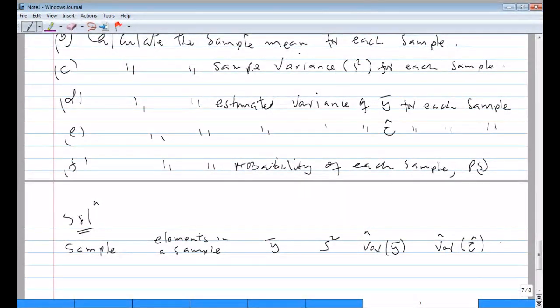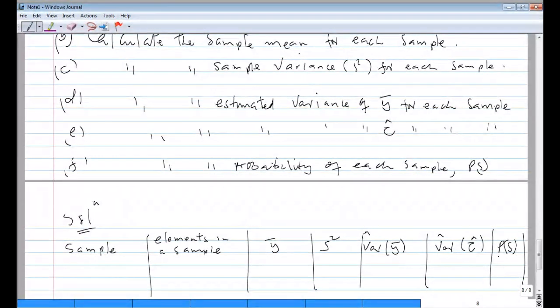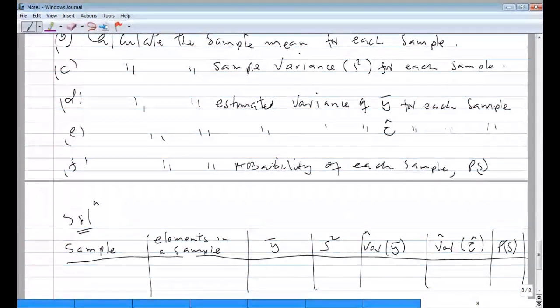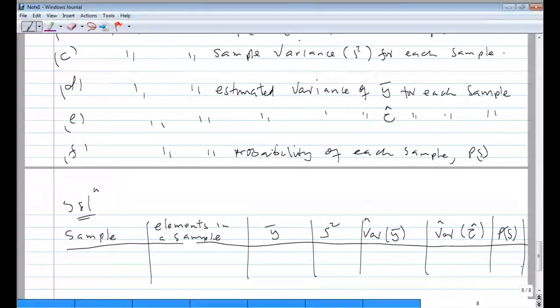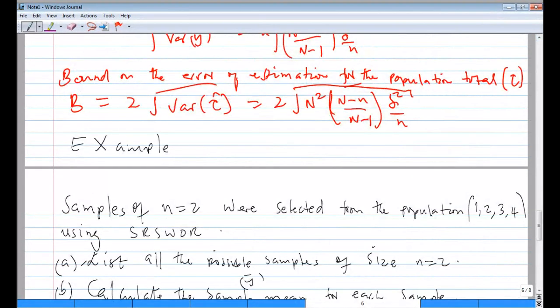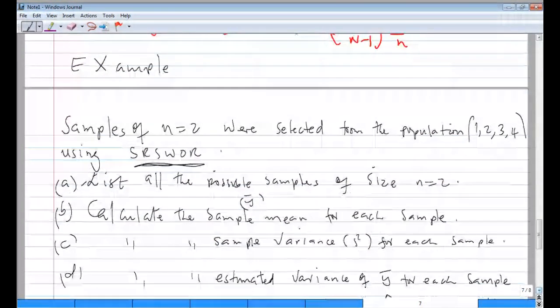So here you're going to have P of S. How many columns? 1, 2, 3, 4, 5, 6, 7. You know how to find the number of ways of selecting the sample, isn't it? Because here it is a simple random sample without replacement. After finding the number of ways, you will tell me how many samples we are going to have.